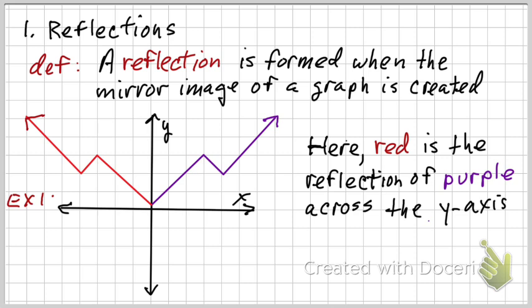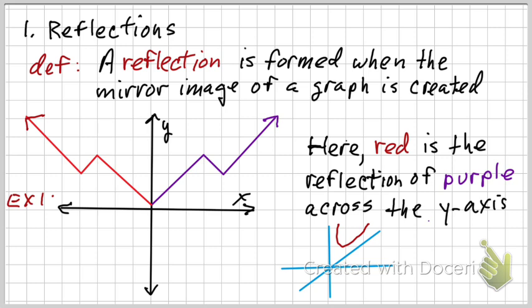It could be across the x-axis. It could be across any line. It doesn't have to be one of the axes. So if I had, let's just say I had this line right here, I might have something up here, and its reflection would be across that line somehow.